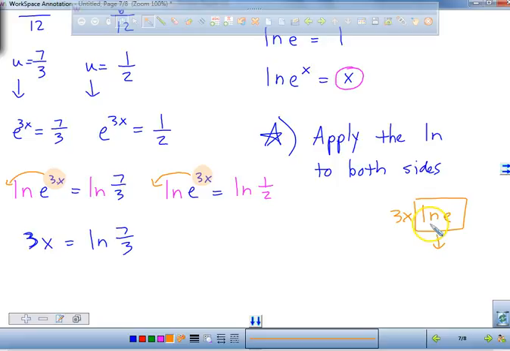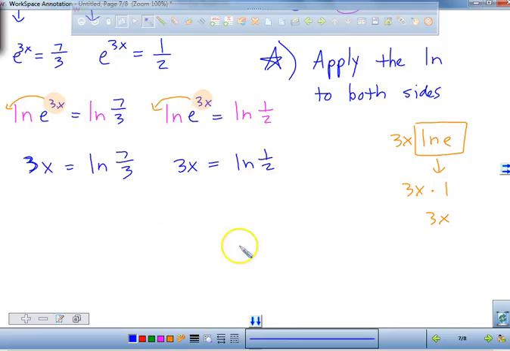What is the natural log of e always equal? Yes. So what is 3x times a 1? It's just a 3x. That's why I just have a 3x now. So right over here, I also have a 3x equals the natural log of 1/2.